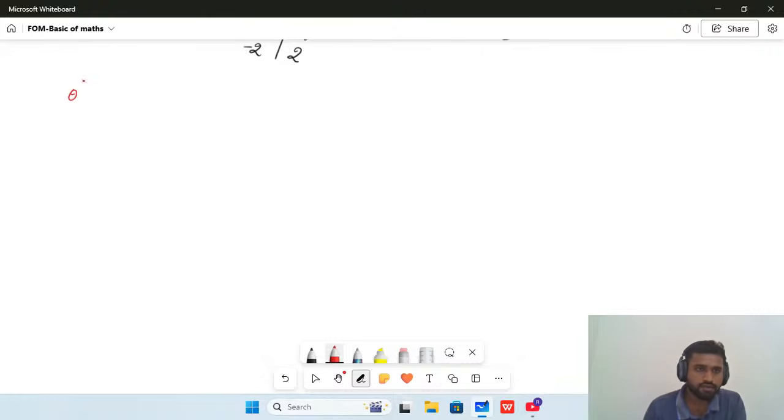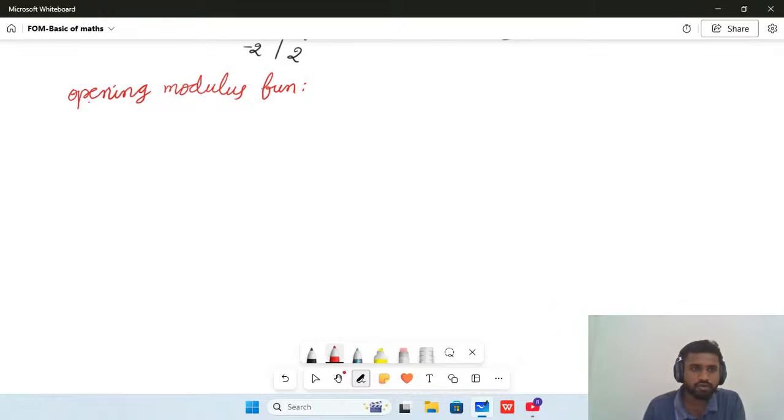One second, it is not coming. Need to change this Microsoft port. Opening modulus function, okay? So how to open this modulus function?